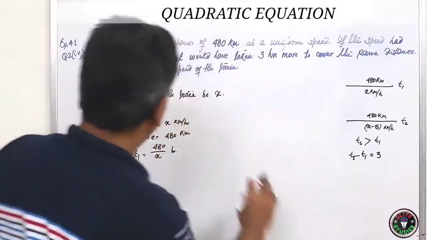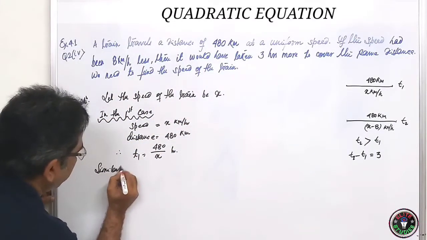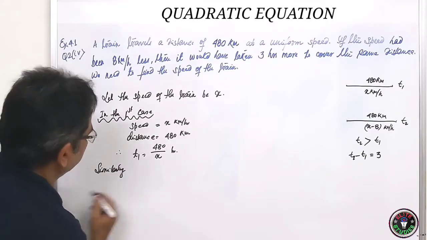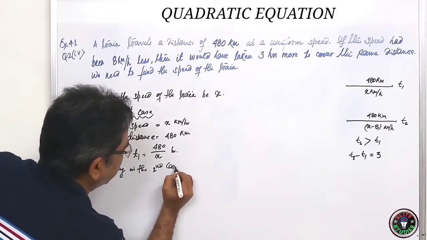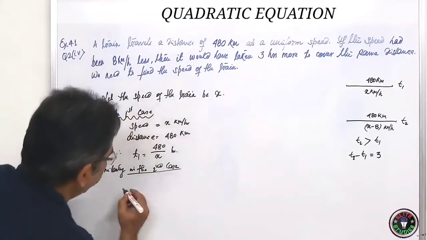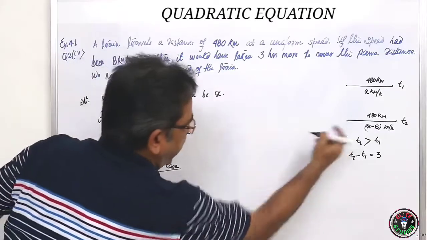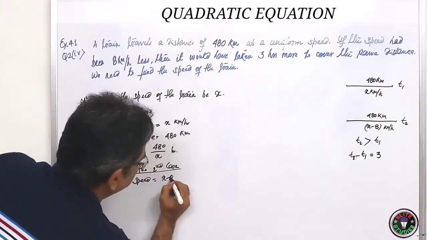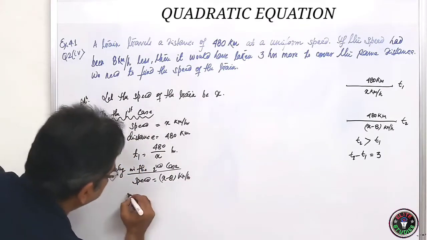Similarly, what will be t2? In the second case, speed has been reduced. Speed is equal to x minus 8 kilometers per hour, and distance is the same.